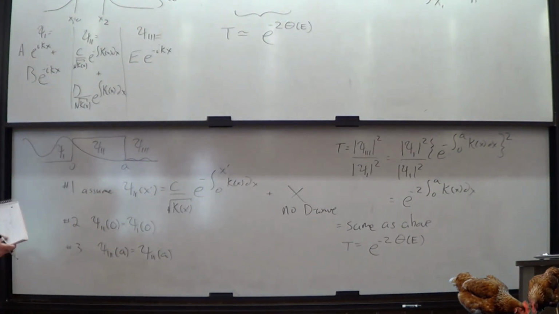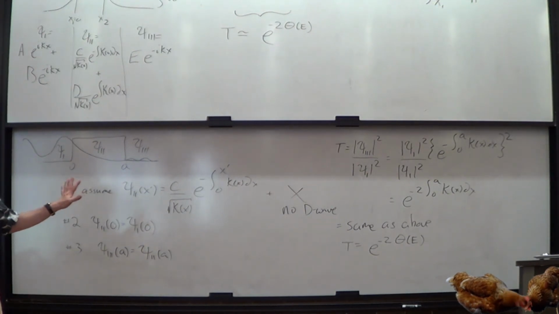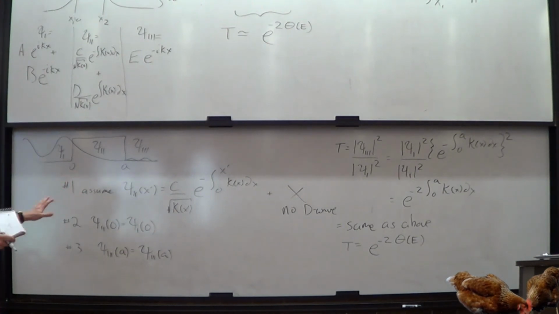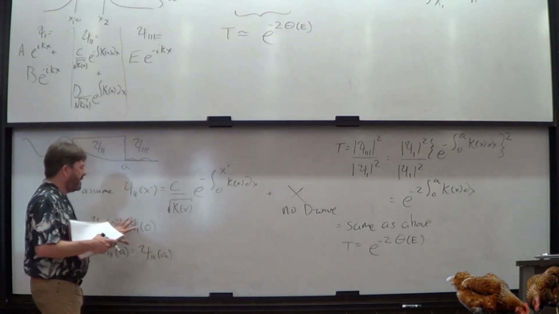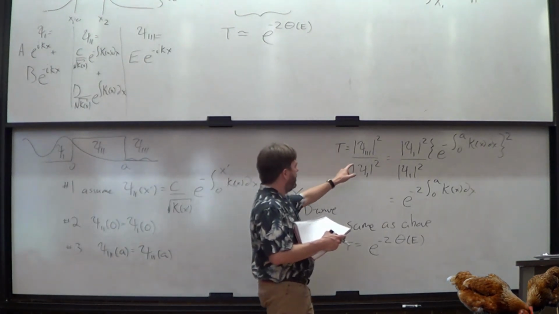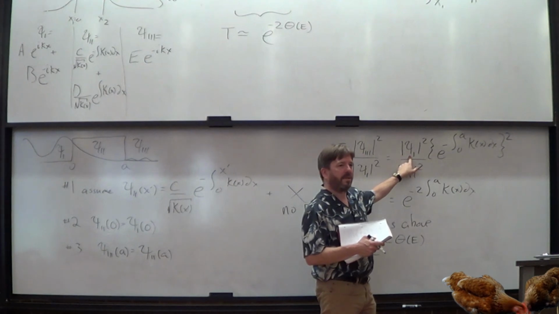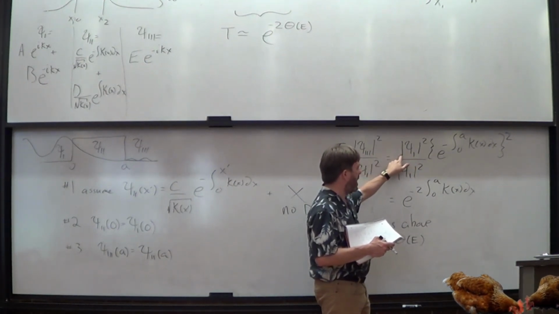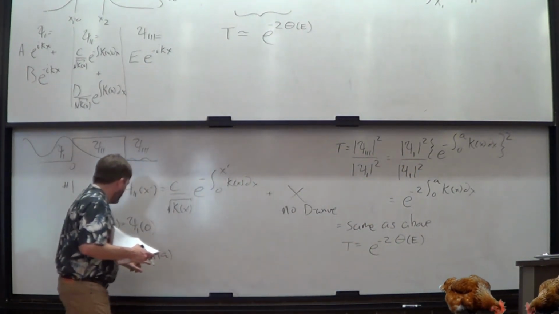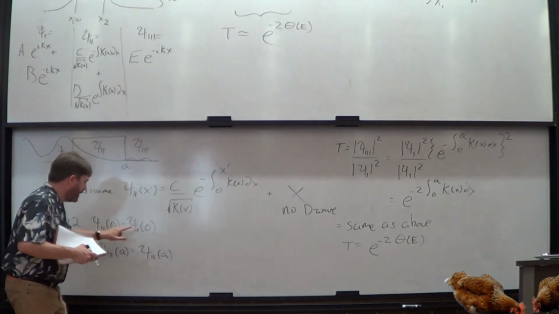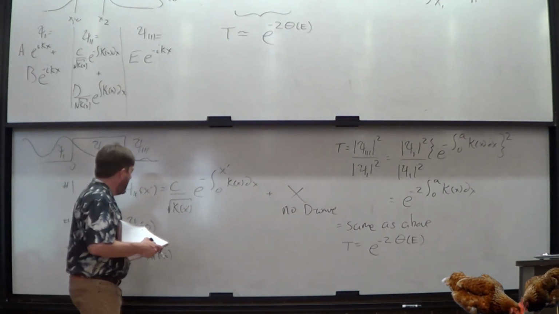Okay, so anyway, I found this a little head spinning when I was writing these notes. Again, I know this is kind of hard. The thing that kills me is that wave function 3 has the amplitude of wave function 1. This is what really took me a long time to figure out. And it's just here to here to here to here. That's where that comes from.